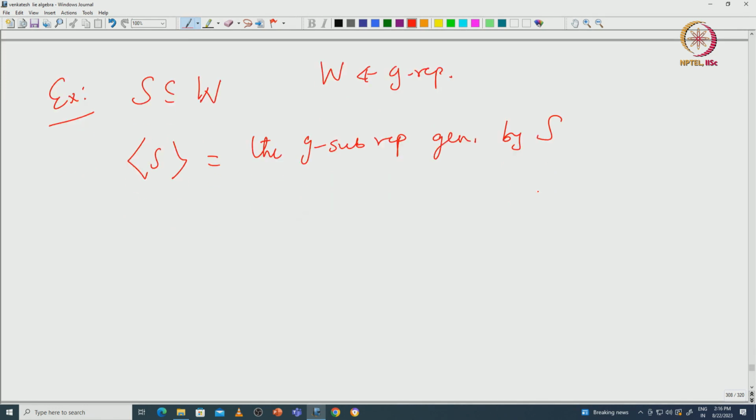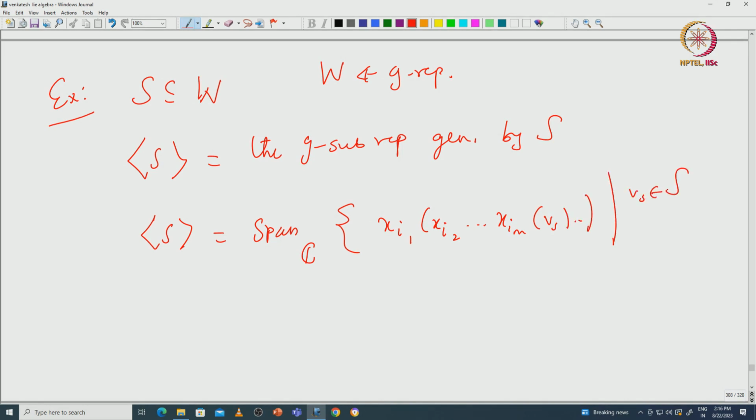This will be just all possible combinations. Okay. You take span over C and then you apply x_i1, x_i2 etcetera x_im on some v_s, where v_s is also varying and this m is also varying and this i1 etcetera im, they are also varying. Okay. In that way you will be able to get all the elements of the sub-representation generated by capital S.